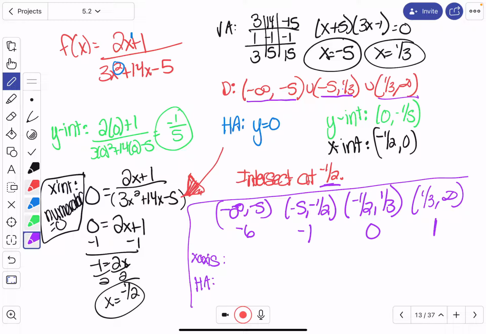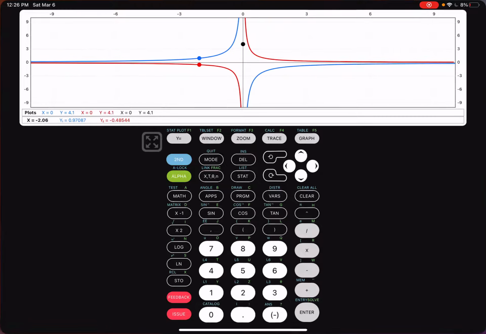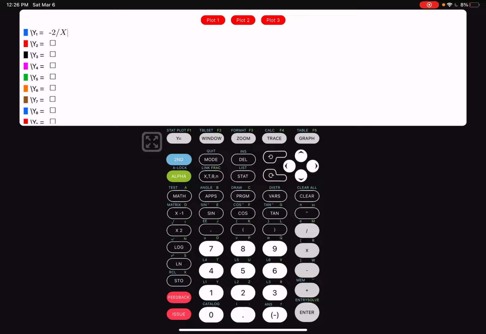So if you put that equation into L1, so our y, parentheses, 2x plus 1 divided by, what was the bottom? 3x squared plus 14x minus 5.